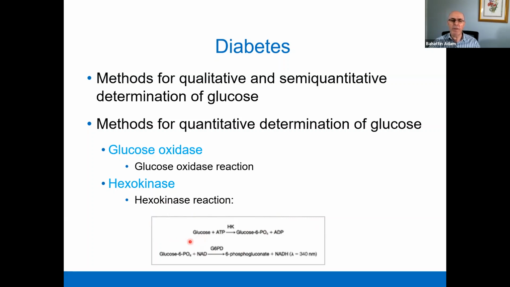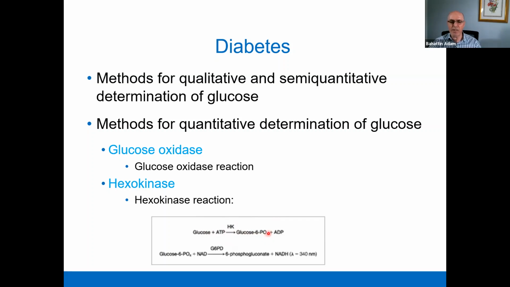You put a patient's blood in a test tube and add a reagent which contains ATP and hexokinase enzyme, and hexokinase will convert glucose to glucose 6-phosphate.